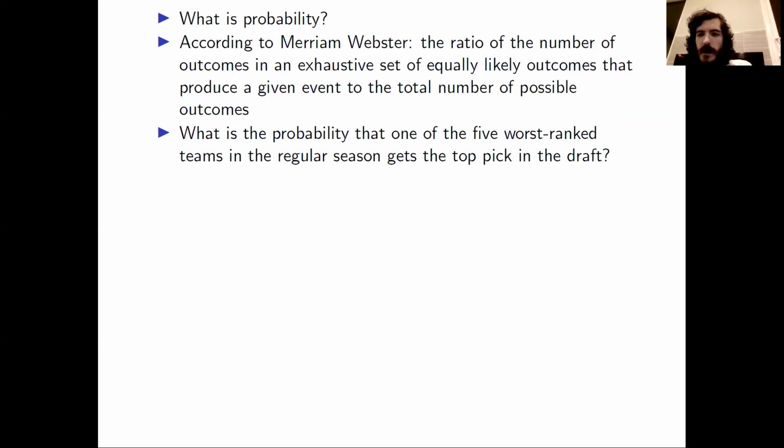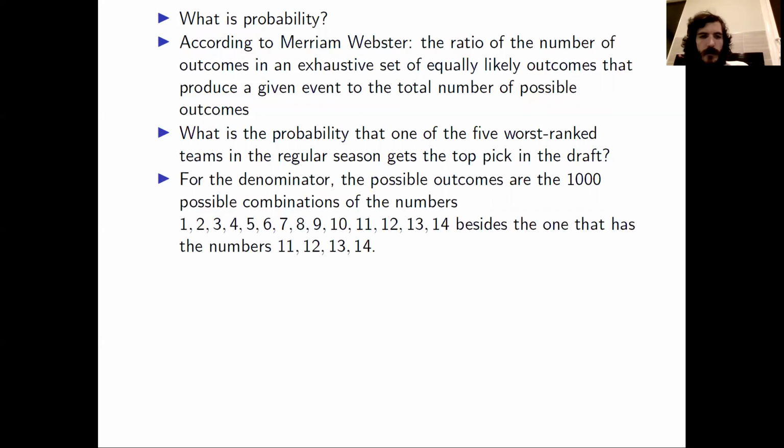So here is a question about probability in the NBA draft lottery. What is the probability that one of the 5 worst ranked teams in the regular season gets the top pick in the draft? So first, let's look at the denominator in our probability calculation.